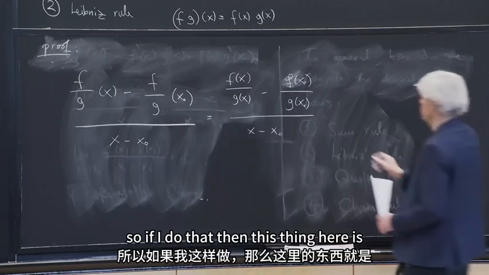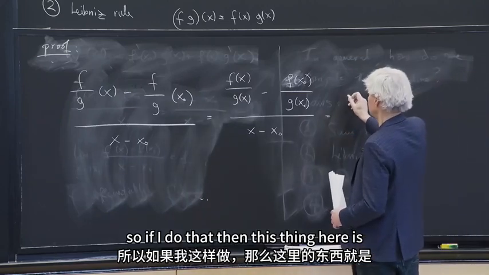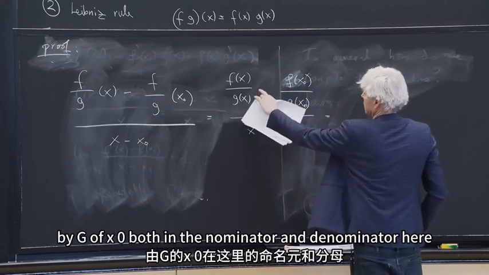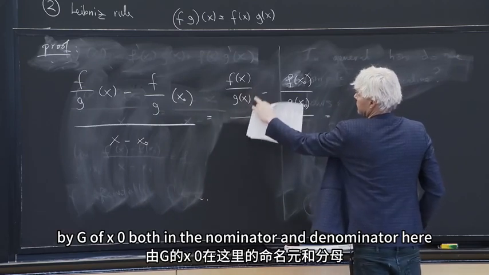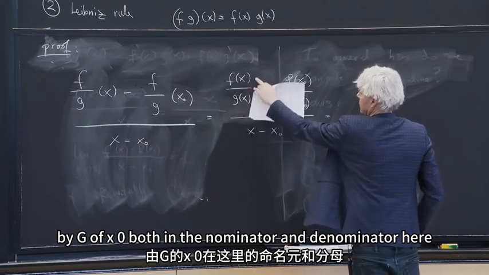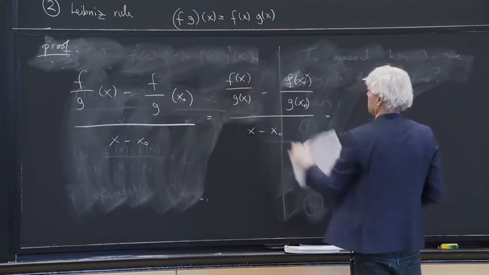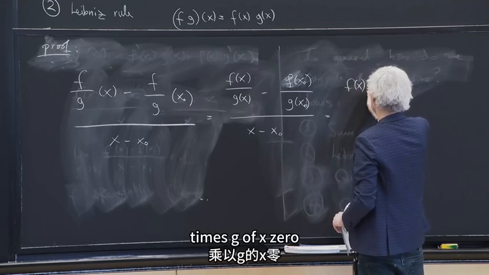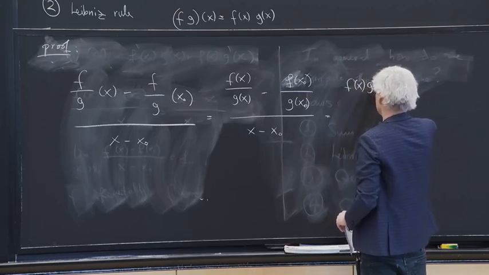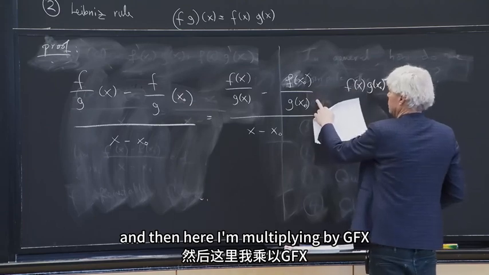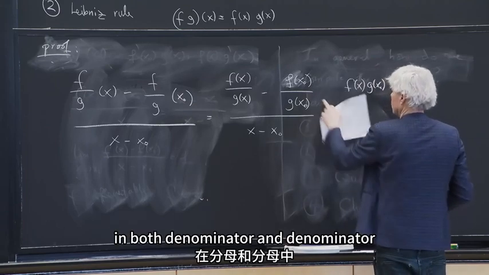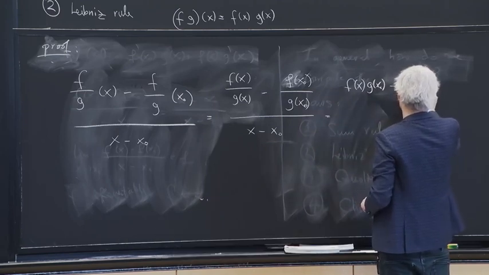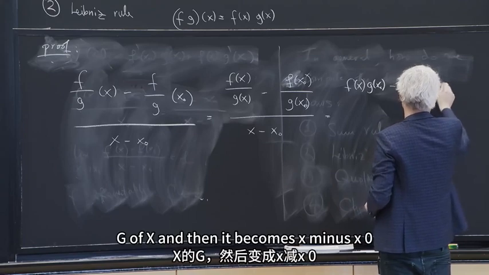If I do that, then I'm multiplying by g of x0, both in the numerator and denominator here. So I'm getting f of x times g of x0. And then here I'm multiplying by g of x in both numerator and denominator, so I'm getting f of x0 times g of x.